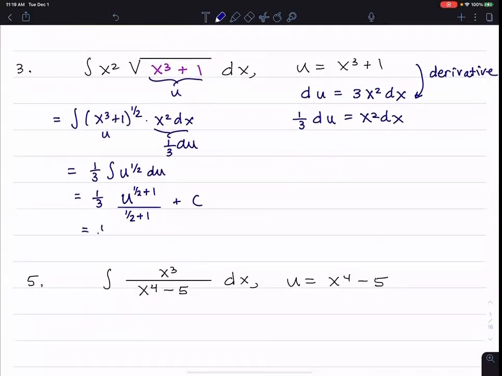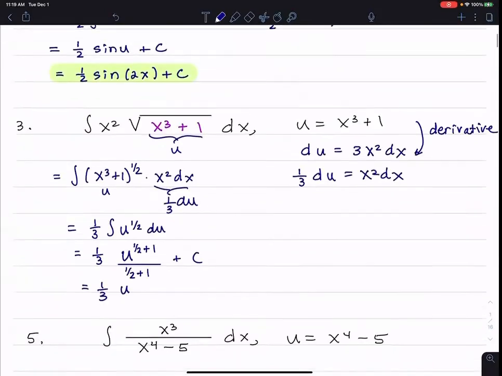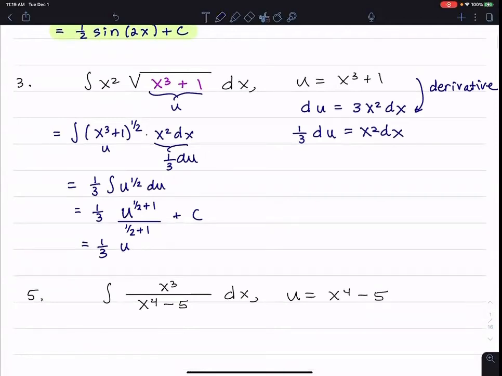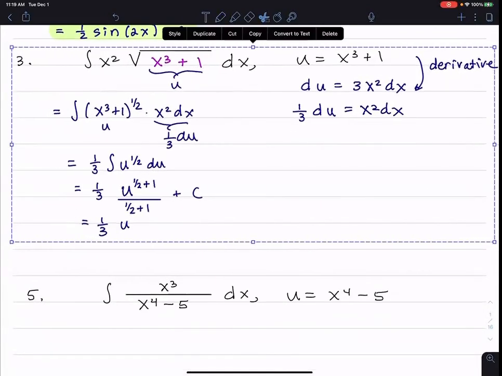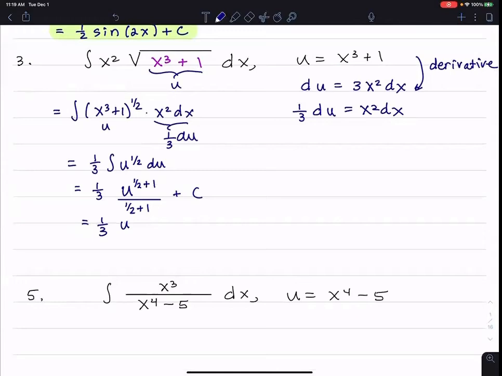And so this becomes 1/3 u to the 3/2 divided by 3/2 plus c.